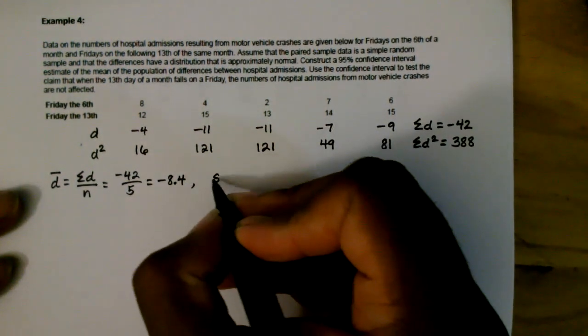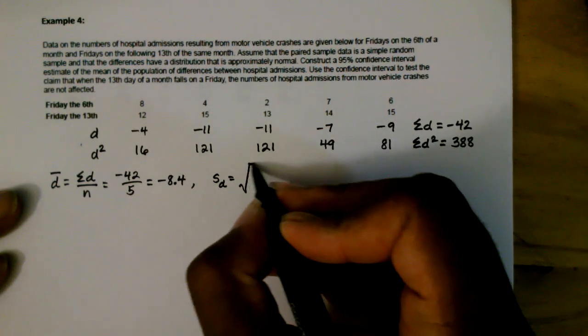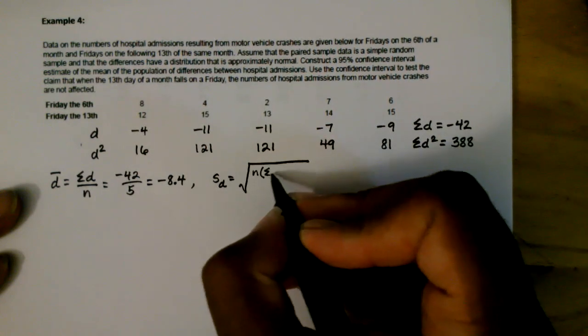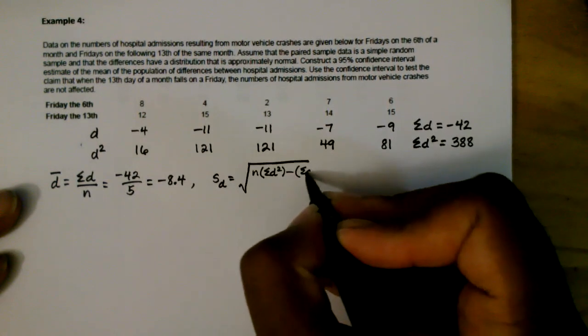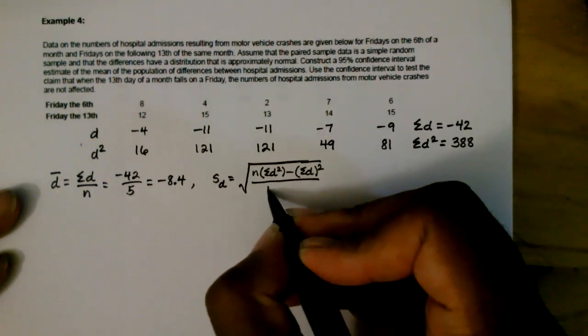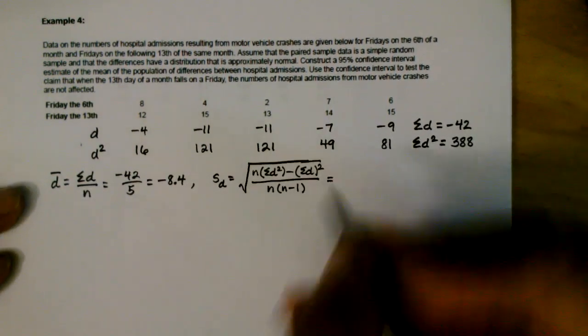And now for S sub d, the standard deviation of our differences, that's going to be the square root of n times the sum of your d squares minus the sum of the d's, and that's squared, all divided by n times n minus 1.